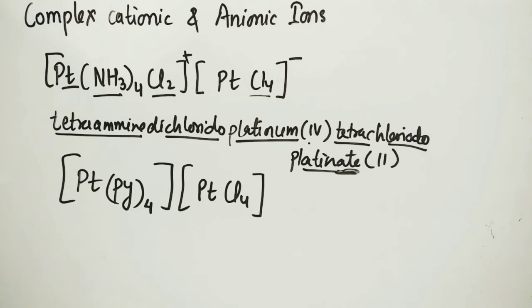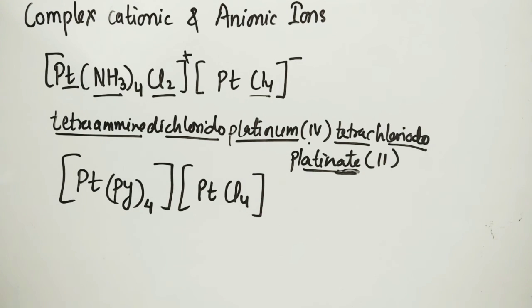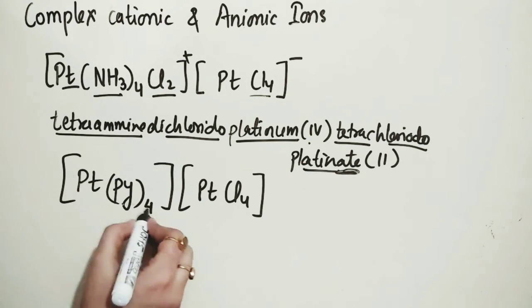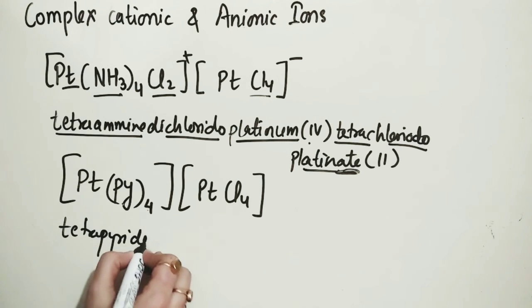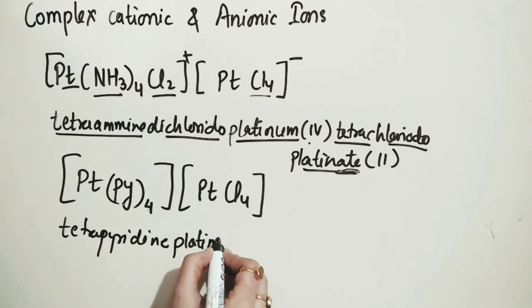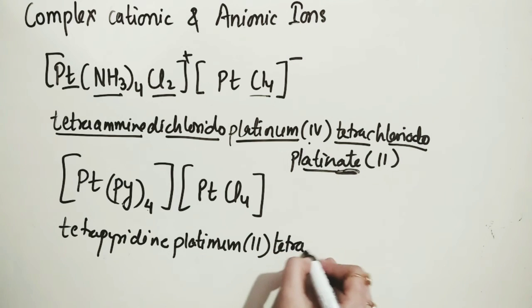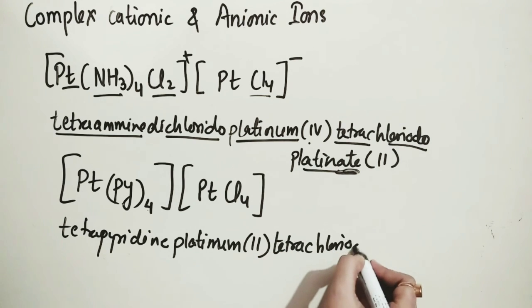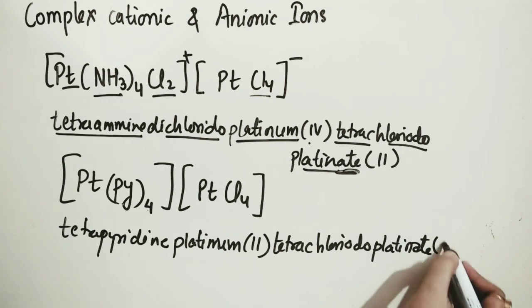Now again in the next example, platinum here is a tetrahedral complex because it is attached to 4 monodentate ligands. So now the oxidation state is taken as 2 here. So now it will be tetrapyridine platinum(II), then again tetrachlorido platinate, again (II).